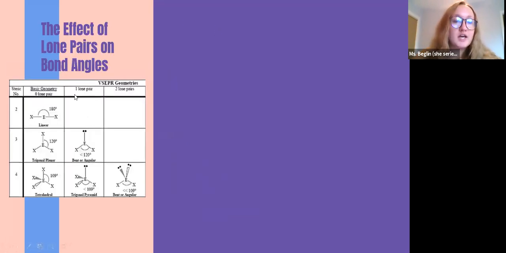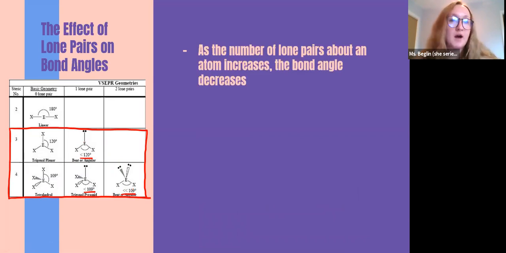I want to draw your attention to the bond angles of our molecules with 3 and 4 electron domains. You'll notice that as you increase the number of lone pairs, the bond angle decreases.